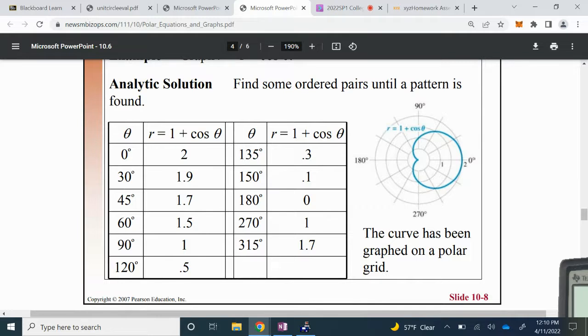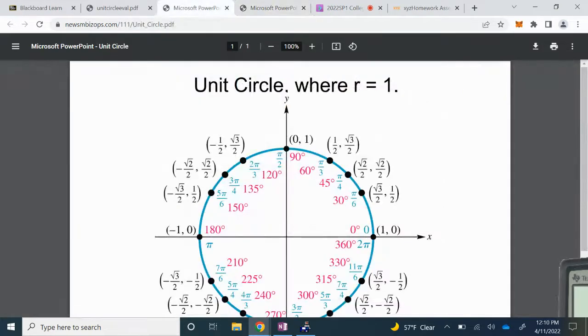So we take a look at this first polar coordinate. We have 0 degrees, and if you were to substitute 0 degrees for theta, the cosine of 0 degrees is 1. We can verify that on the unit circle: the cosine of 0 degrees is 1, we can look at the x coordinate.